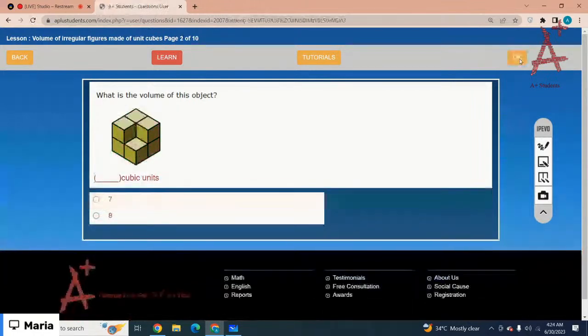What is the volume of the object? 1, 2, 3, 4, the 7 squares it is. So it would be 7 cubic units.